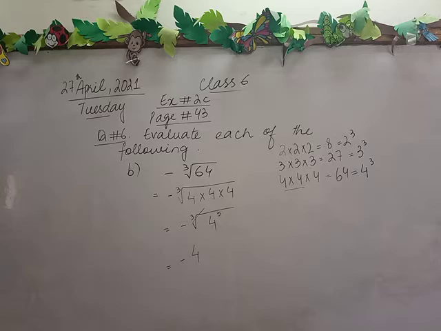So I will write the product form of 64 as 4 into 4 into 4, meaning 4 is repeating 3 times. The term is the same, so I will write it only one time in the next step. Now I will also write 3 as a power.